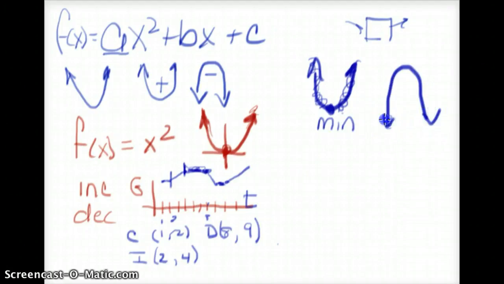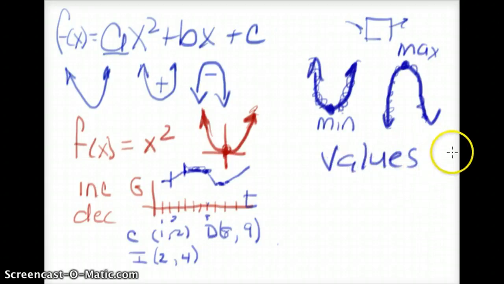We are increasing here until we come to the top of the mountain, which we're going to call the maximum, and then we're going to decrease here to the right. You could think about this as the values of the function representing the money you have in the bank account, or your retirement, or something along those lines.